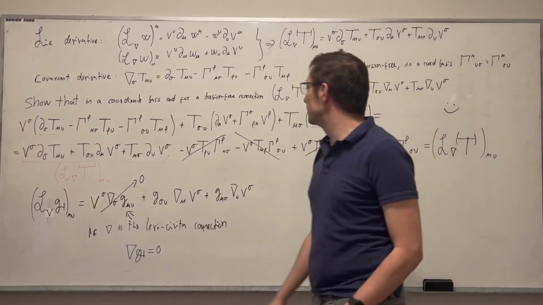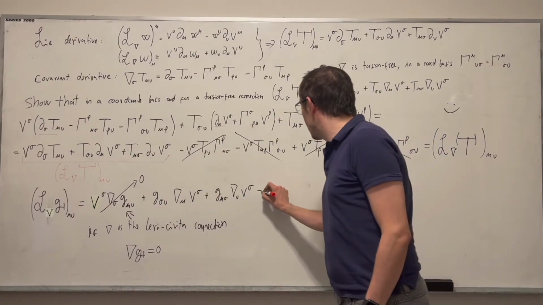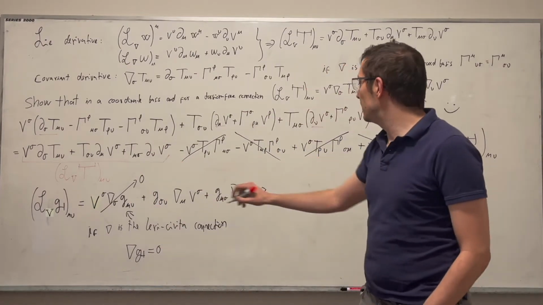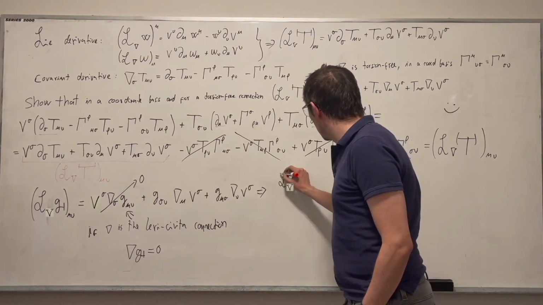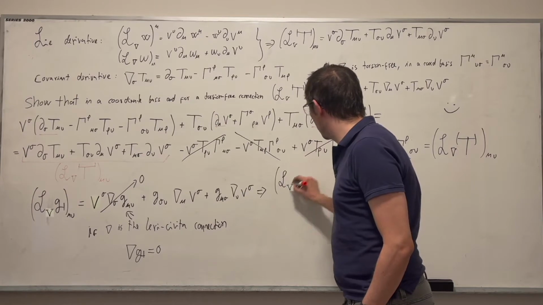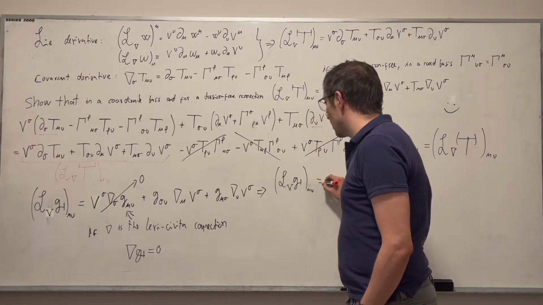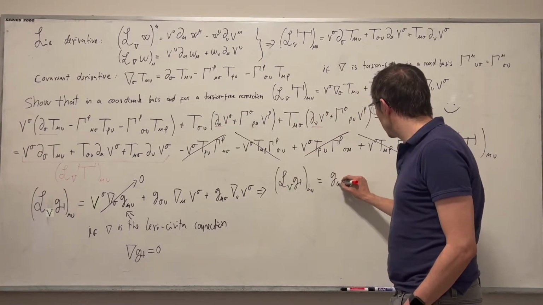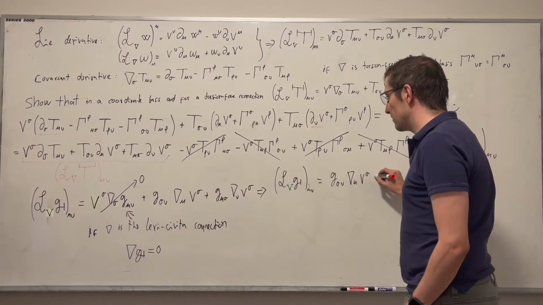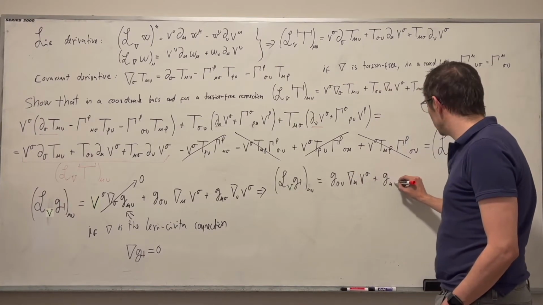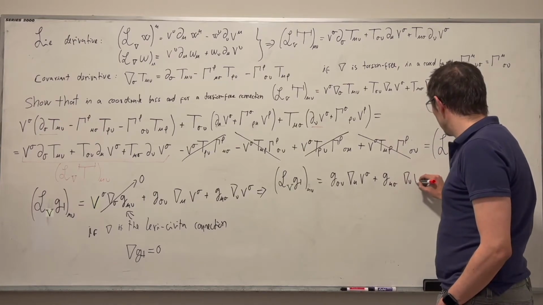All right. So then we get that the Lie derivative, let me write it here, the Lie derivative in the direction of the vector v of the metric components mu nu is just g sigma nu nabla mu v sigma plus g mu sigma nabla nu v sigma.